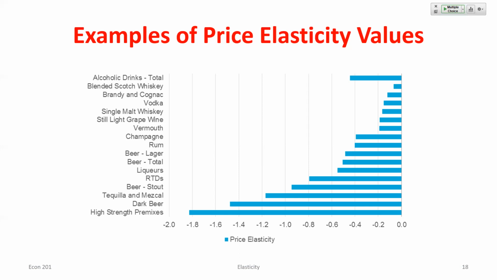So it's kind of interesting that even within a product category, and I wanted to bring this one up to point out, every market we were thinking about as a perfectly competitive market, where the goods are homogenous. Even within the category of alcoholic drinks, there's going to be a lot of different types of products.